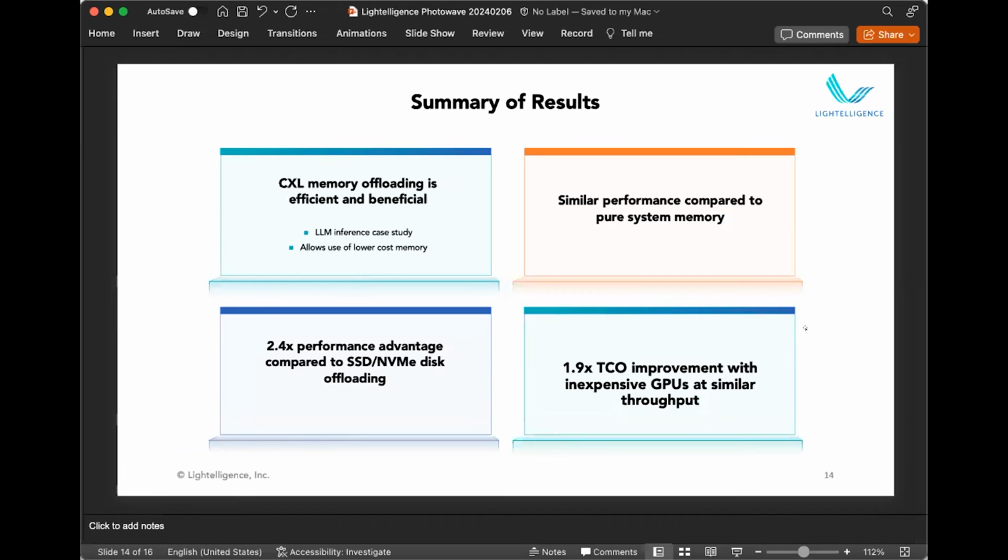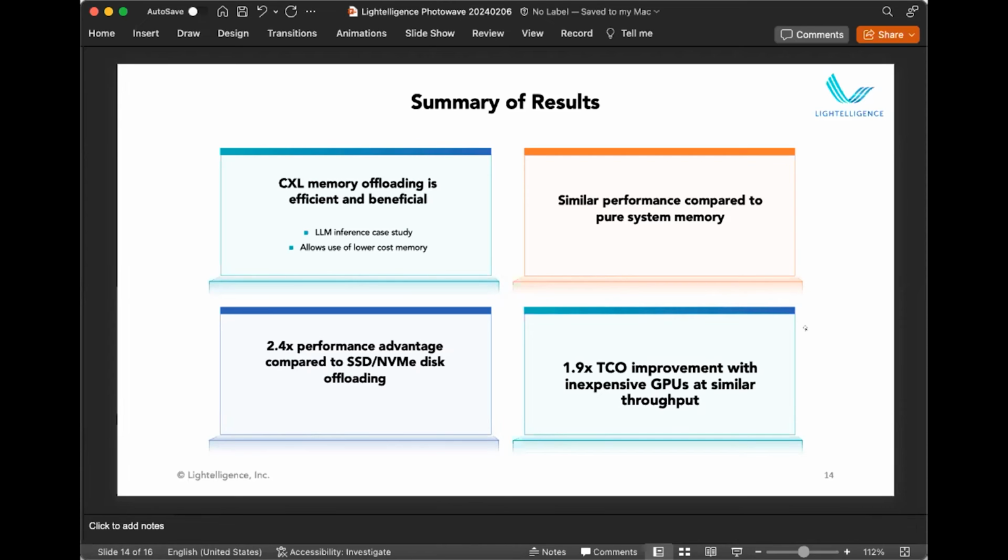So in summary, the CXL memory offloading is beneficial. We studied large language model inference. It also allows you to use lower cost memory that's disaggregated from your server. Similar performance compared to pure system memory, as the chart showed; the performance is about 75% compared to pure system memory, so it's in the same order of magnitude.